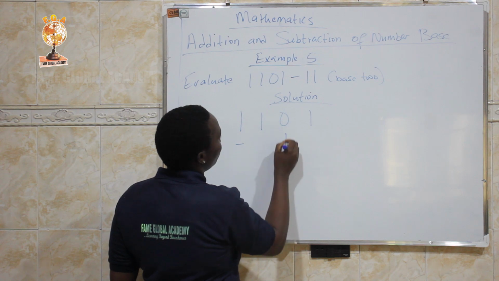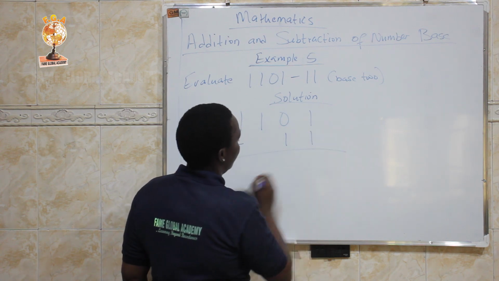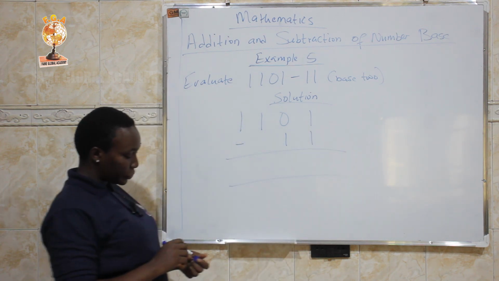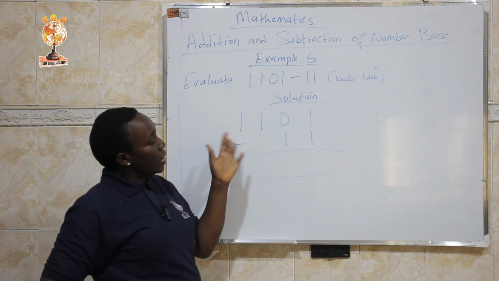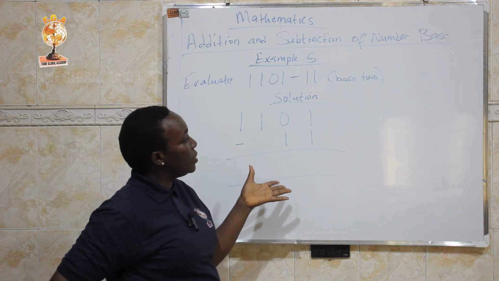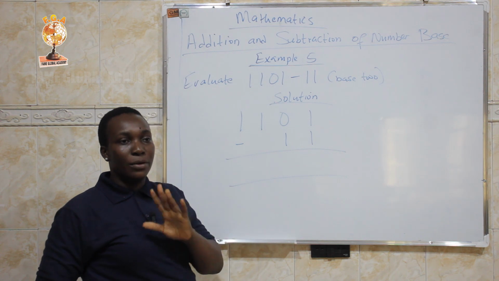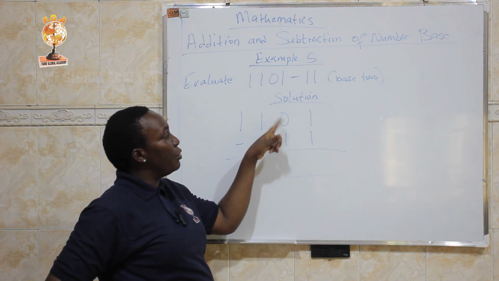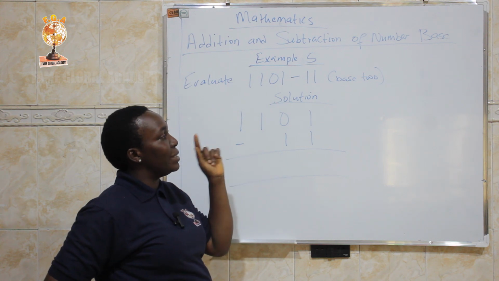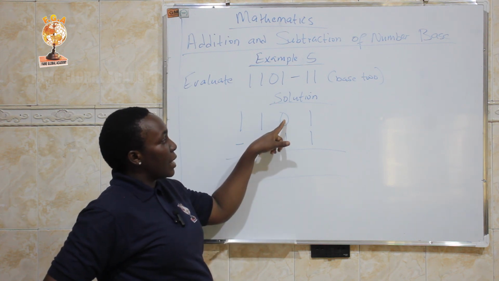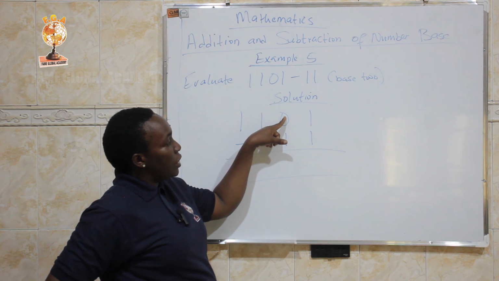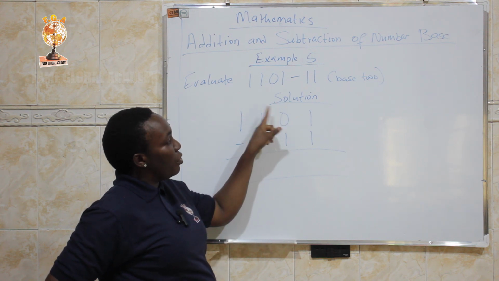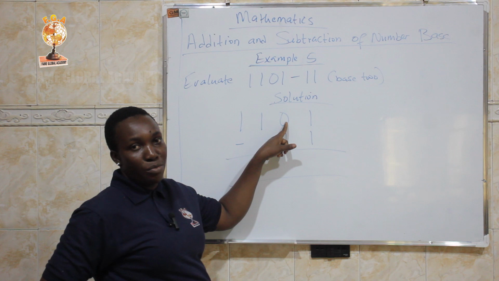The solution, we have 1101 minus 11. Now, in subtraction of binary, normally 1 minus 1 is 0. When you are borrowing, it is 10. Just like this 0, when we get to this place, if we are borrowing, it's going to be 10 that we are borrowing.